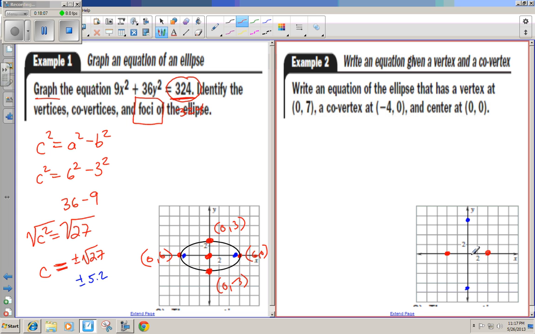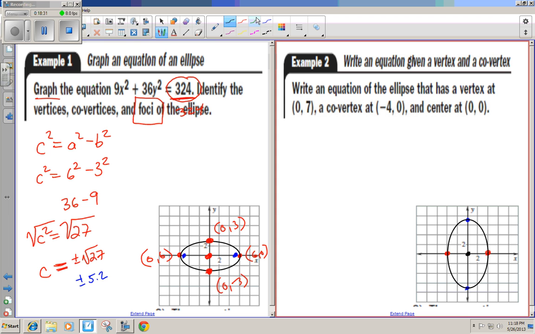You should have a center at 0. All right, so what you've got here, you now have an ellipse that you can find an a value and a b value for.